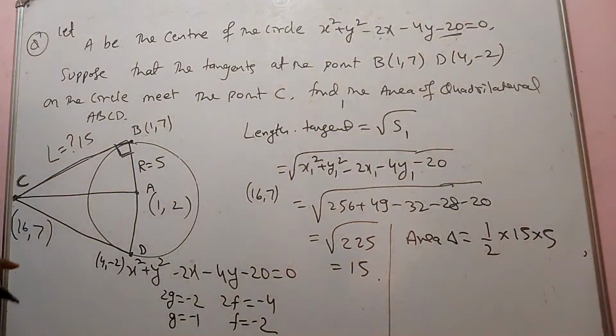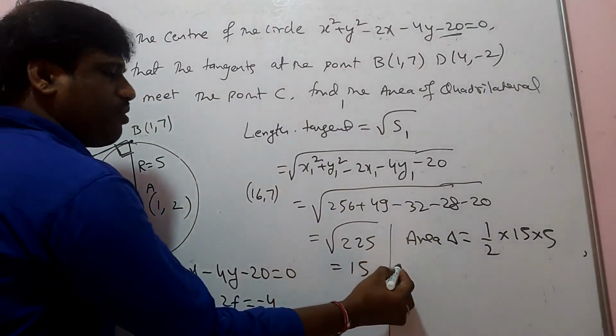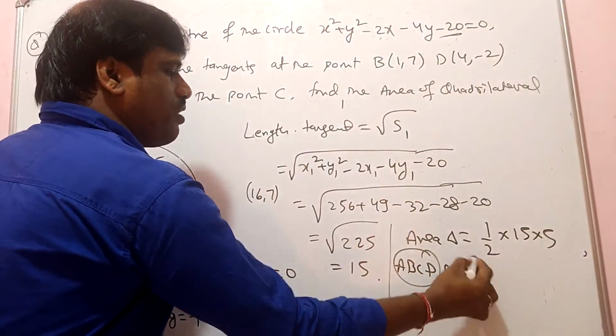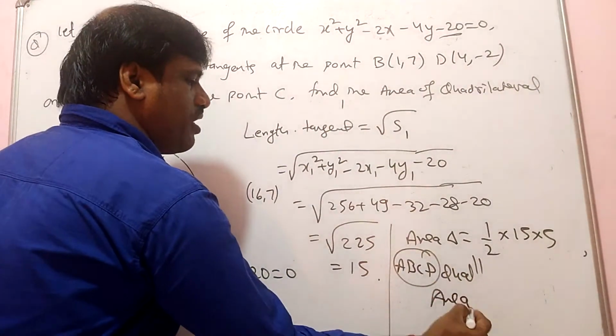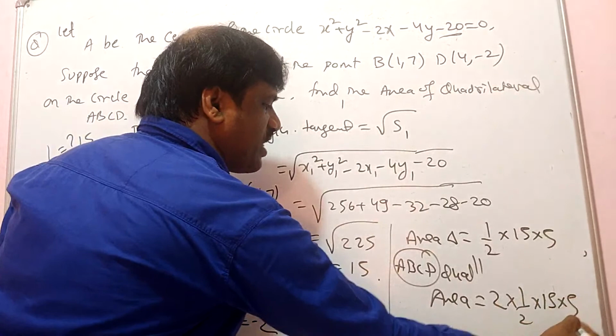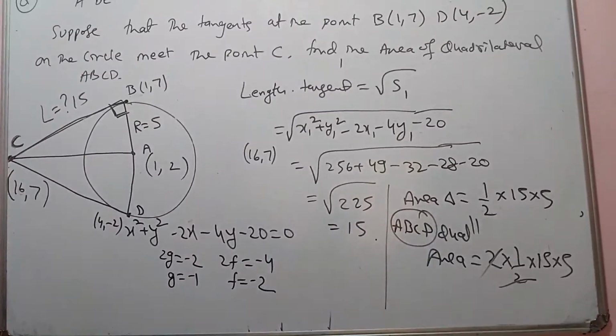But we want the area of the quadrilateral ABCD. The quadrilateral area will be twice of 1 by 2 into 15 into 5. The 2 gets cancelled, 15 into 5 is 75 square units. So the answer is 75 square units.